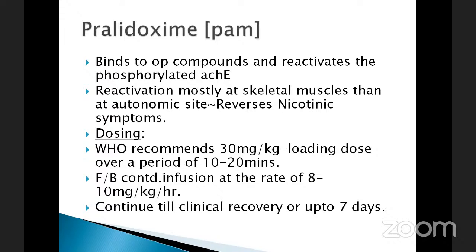Shankar, apart from atropine, can we give any other drug? You people should read the pharmacology in detail also. One is available in India, right and left. Is any other drug available?